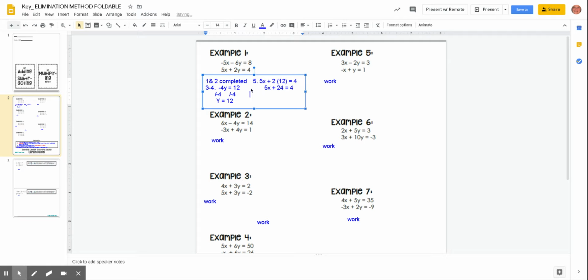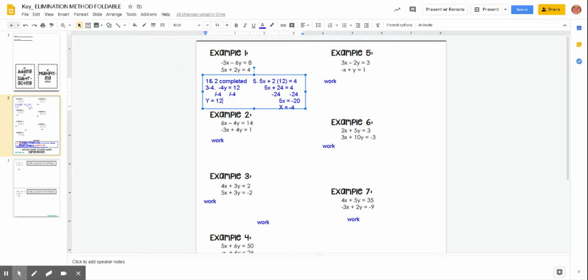I'm going to do the opposite, subtract 24 from both sides. And I'll end up with 5x equals -20. And if I divide both of those by 5, I would get x equal to -4.